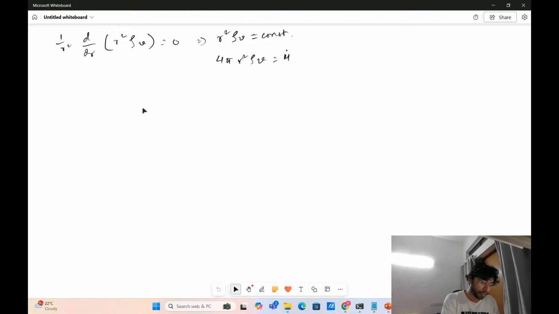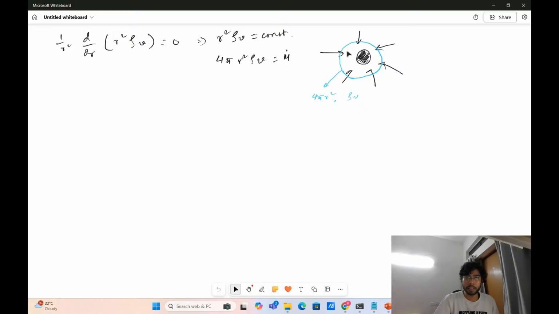So what does it mean? Let's say you have a black hole over here. Matter is falling into the black hole from all directions. Now, if you draw a spherical shell around this black hole like this, what is the mass per unit time entering through this shell? The area of this shell is 4 pi r square, and the flux of matter going through this shell is 4 pi r square times rho v.